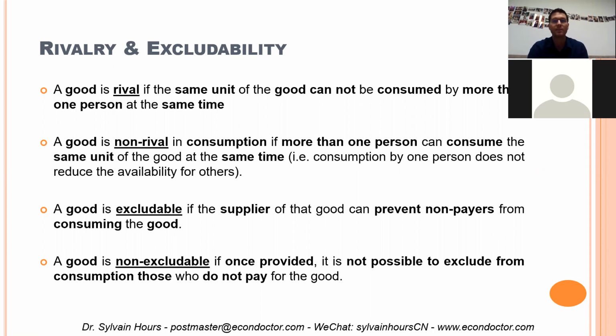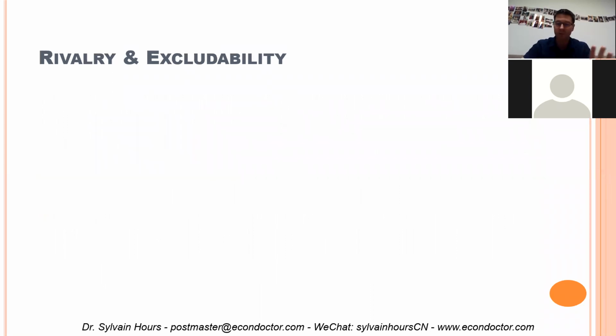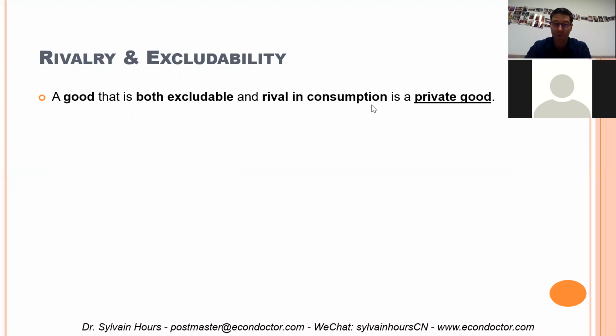Okay, so this is stage one, defining these two characteristics. Stage two is to characterize the different types of goods on the basis of these two characteristics. What happens, for example, if a good is rival and excludable? How do we call this type of good? We call that a private good.